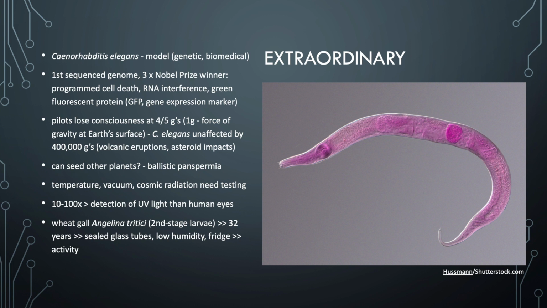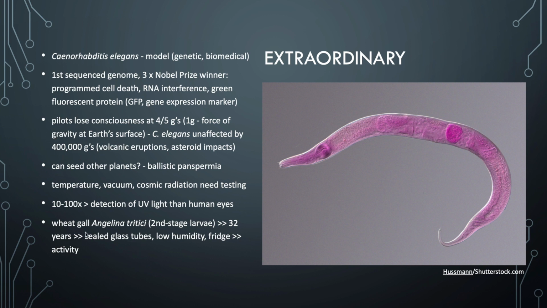The other interesting thing about nematodes is that they have 10 to 100 times greater detection of UV light than human eyes, even though they have no eyes. So that is another interesting fact. And they have really incredible ability to survive, besides being able to withstand 400,000 Gs.